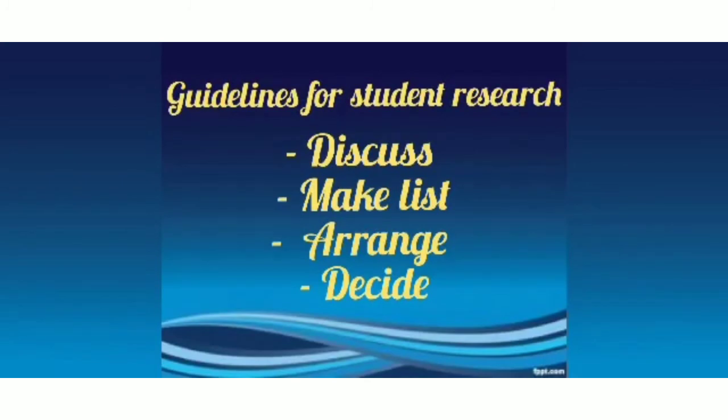Discuss the research question and make sure that everyone in your group understands what the research question means. Next, make a list of the things that you think you will need to find out in order to answer the research question. Next, arrange the list in order from the first thing you will do to the last thing you will do.